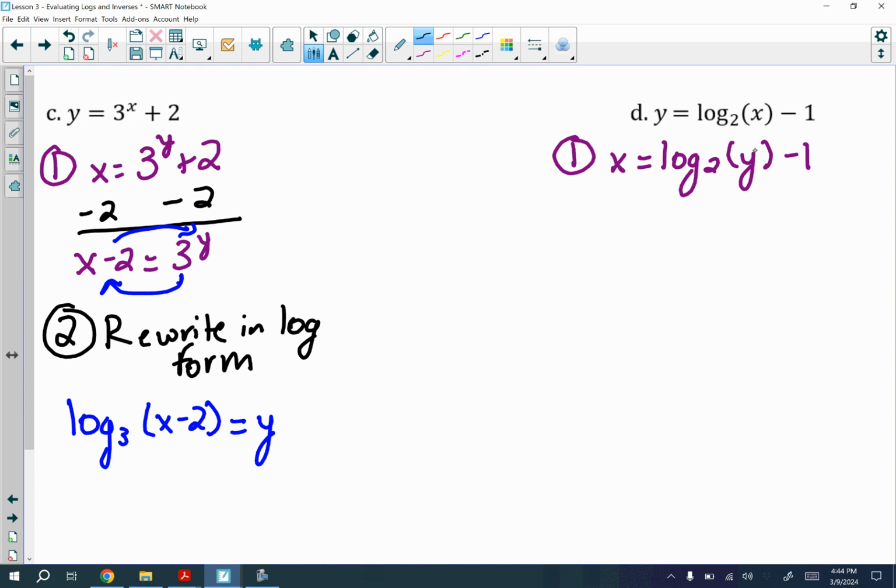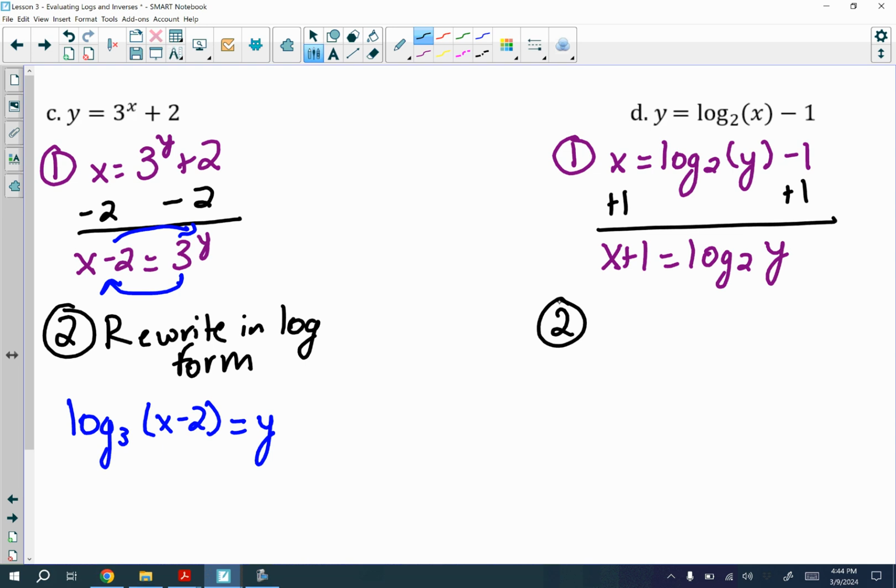So notice that it's only the y, not y minus 1, that is in parentheses. So I'm actually going to have to add 1 first. And I have x plus 1 equals log base 2 of y. Now I go ahead and rewrite.